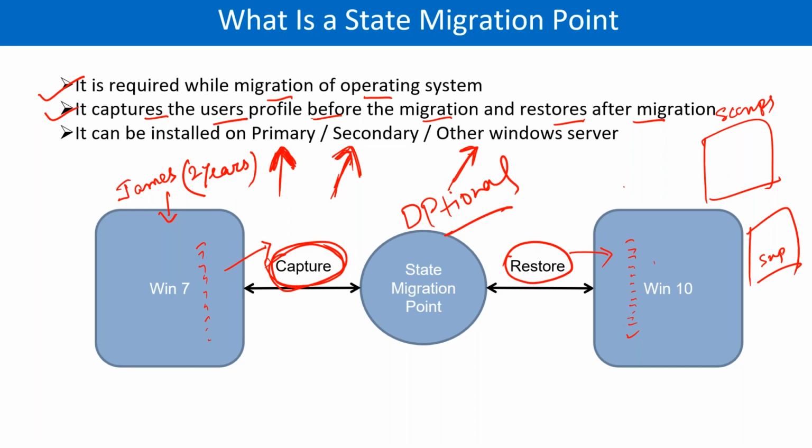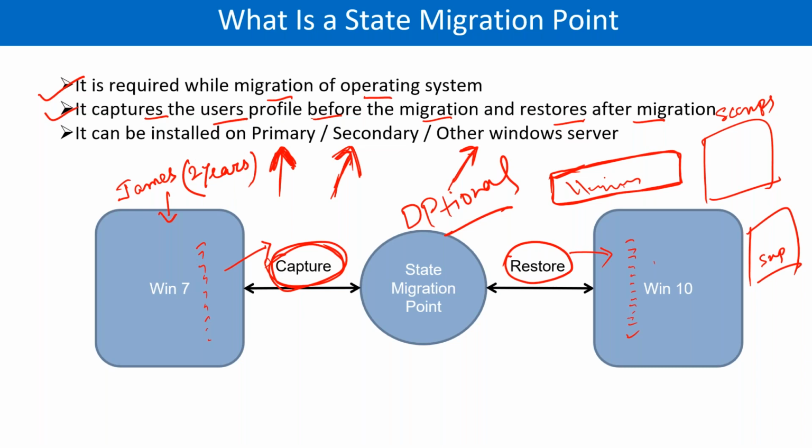Clear? Yeah, clear. My doubt is, it's capturing the user profile, right? Yes, you need to create one folder, either on the same server or a different location. Anywhere you have a shared location, it is going to store the data as a backup.